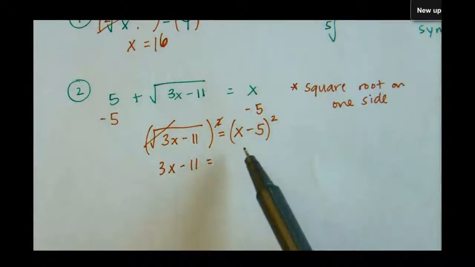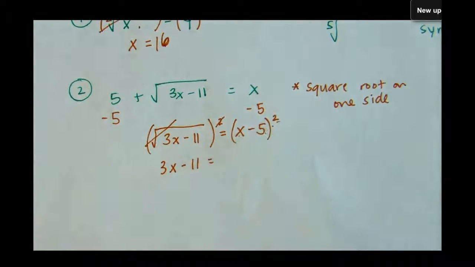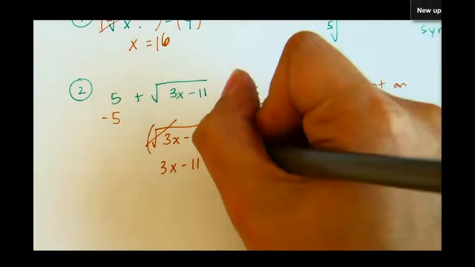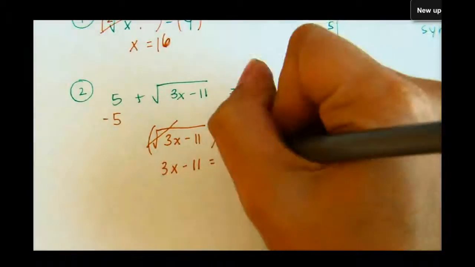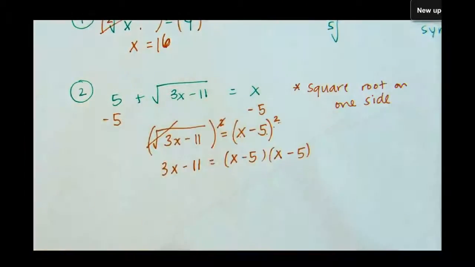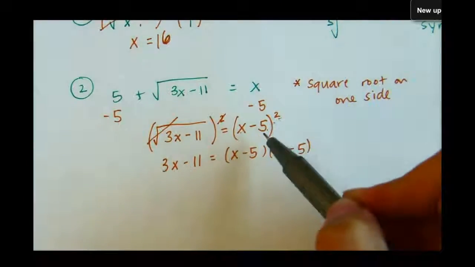But over here, I've got to be careful. I don't just distribute in my power of 2 to my binomial x minus 5. Instead, I've got to expand this out. This actually means to multiply x minus 5 times x minus 5. It's helpful to write that out so that you remember to FOIL, and you don't just do x squared minus 25, because that's not the same thing.